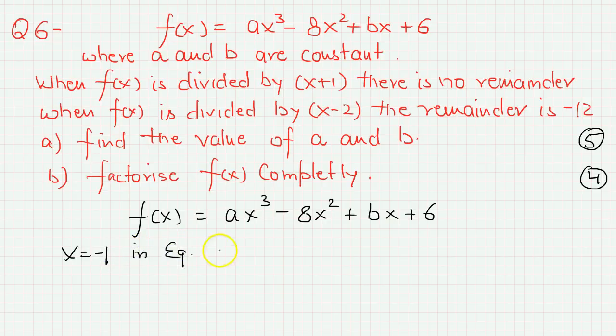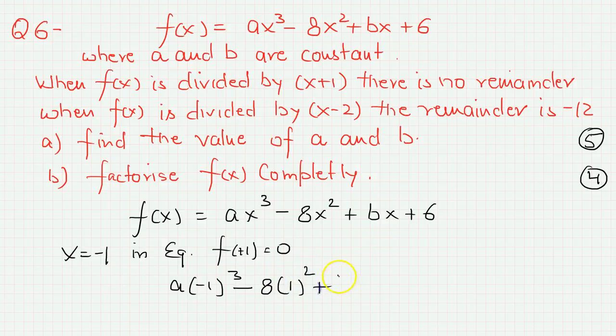in equation, then f of minus 1 will be 0. So let's put x is equal to minus 1. So a times minus 1 cube minus 8 times minus 1 square plus b times minus 1 plus 6, it will be 0 because there is no remainder.